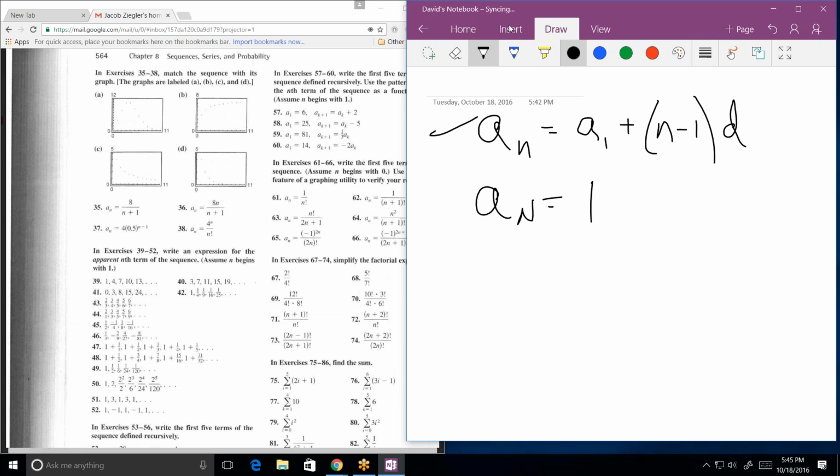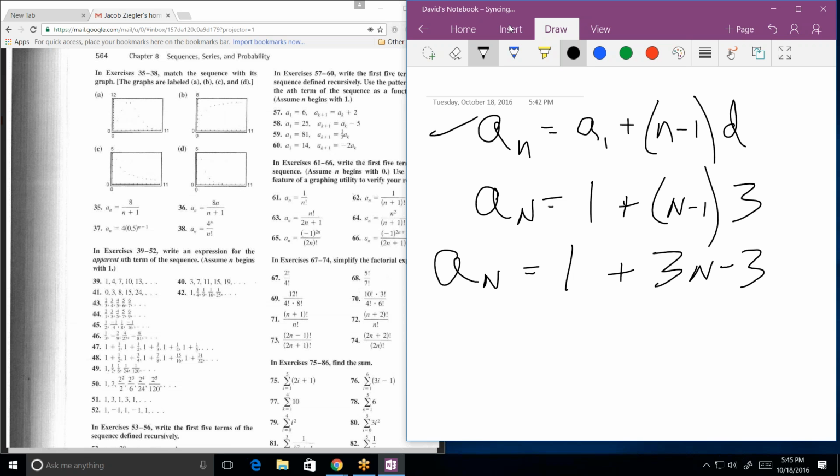That's the first term. Plus n minus 1 times the common difference, which I can see is 3. Now multiply everything together. You get 1, distribute this 3, I get 3n minus 3. That makes sense. Yeah, that makes more sense, actually. Now simplify to get this.